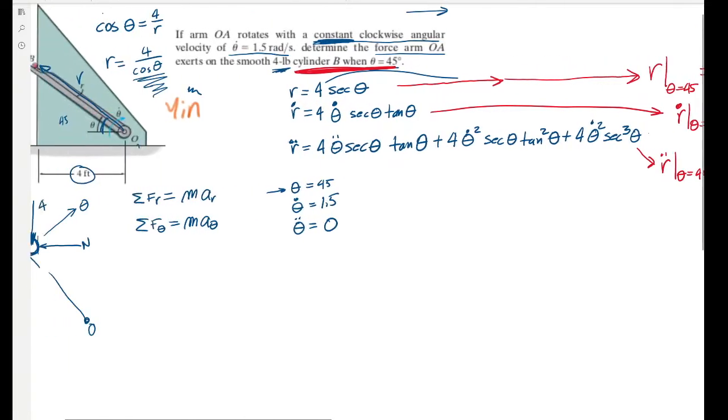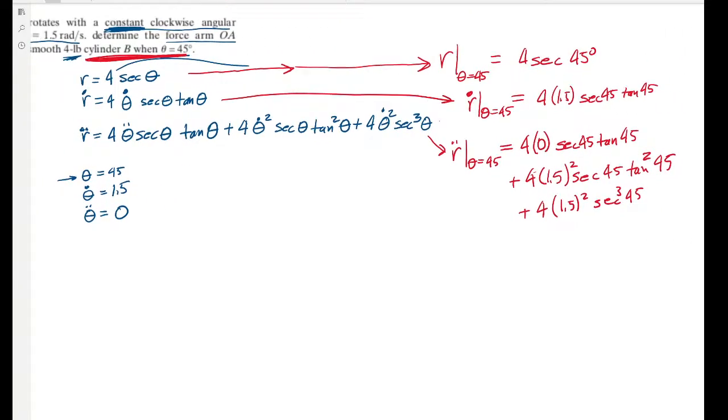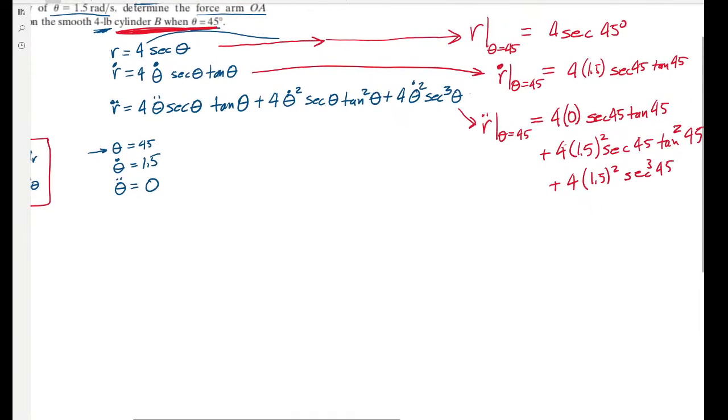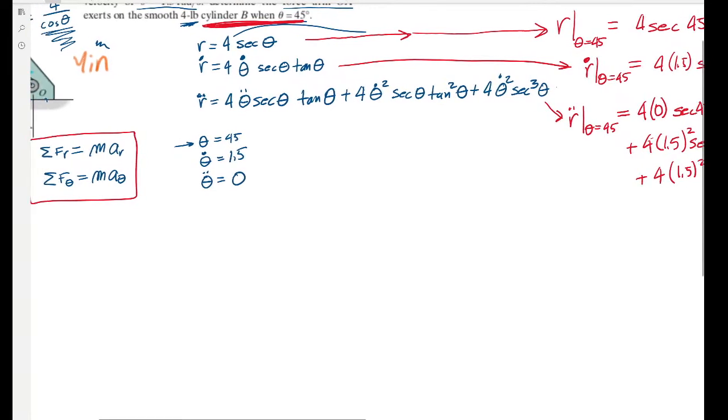Now, remember your final goal is to do this with the free body diagram over here. So let's look at what a_r and a_theta are. Remember, these are the components of the acceleration: a_r times u_r, where that's the base vector, and a_theta times u_theta.